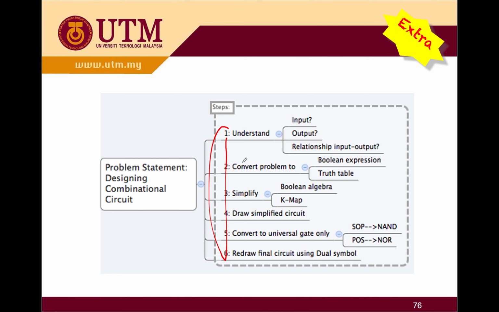First, understanding, convert problem to Boolean or truth table, then simplify using Boolean algebra or K-maps, then draw the simplified circuit, convert to universal gates only, basically SOP for NAND and POS for NOR, and lastly redraw the final circuit using dual symbols.